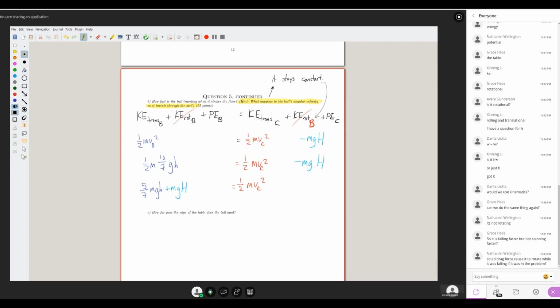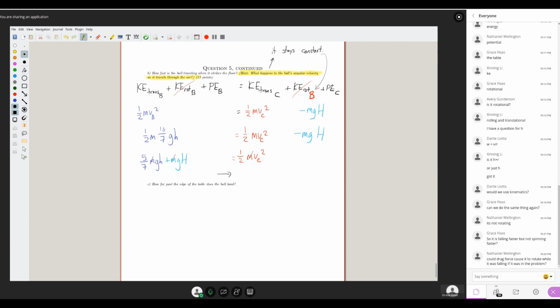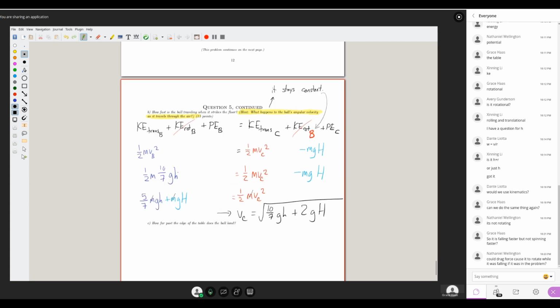All the masses cancel as before. We can multiply through by 2, and this gives us that Vc is the square root of 10/7 g little h plus 2g big H. So yeah, I can use conservation of energy. Works just fine. This doesn't tell me which direction it's traveling in, but it does tell me how fast.